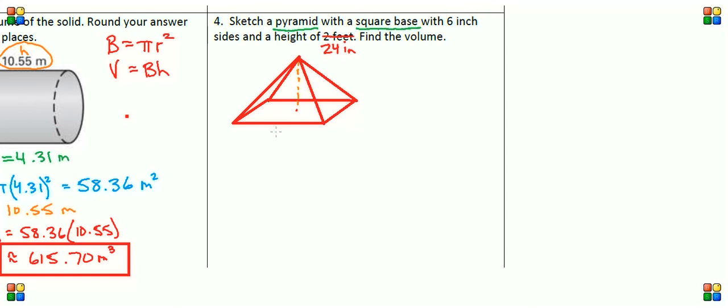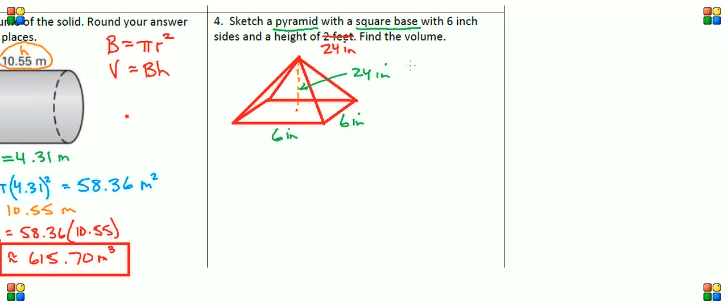Alright, let's label the measurements that we know. We've got 6 inches along this edge, 6 inches along this edge of our base, and we know that the height is 2 feet or 24 inches. Now we have the same unit of measure for every dimension of our pyramid.